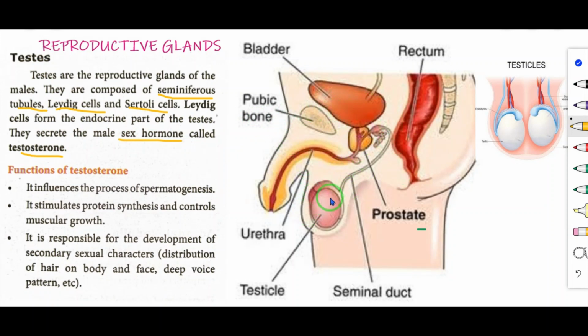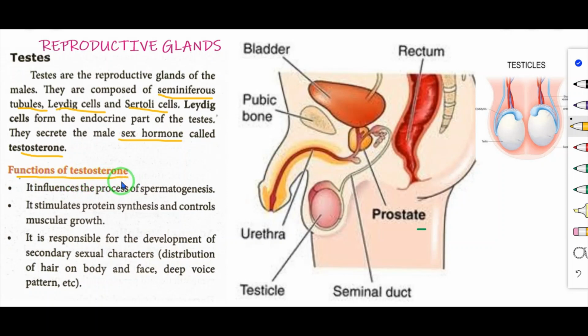This is the testicle or testes. This diagram also shows testicles, two testes. Now we can see the functions of testosterone.